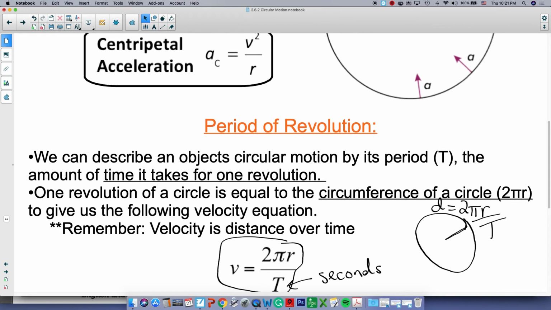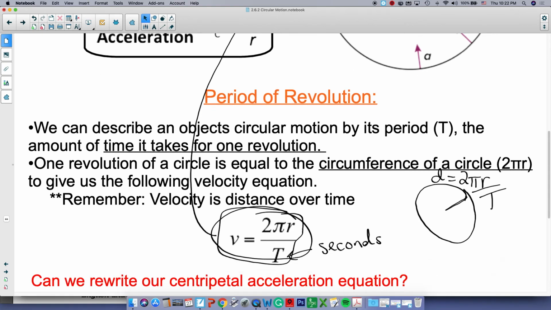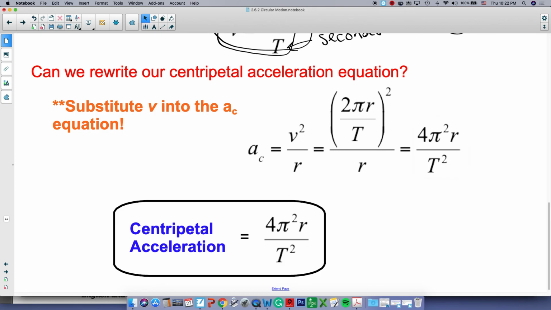Since I have a velocity down here, and that's used in the equation up here, we can substitute that 2 pi r over t in for v squared. I have some steps here below, not really necessary to know all the steps, but just to show you how we get our big and final centripetal acceleration equation.